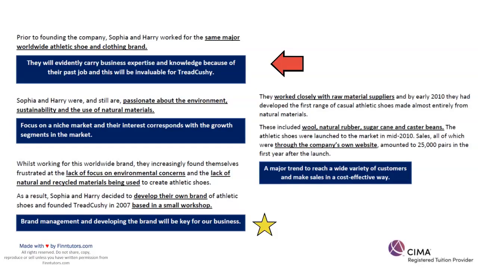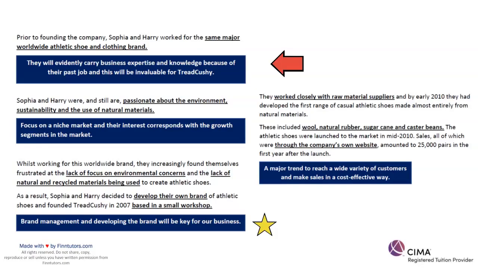So it's important for us to make a note that our major founders or directors are ones that have good business experience. Sophia and Harry were and still are passionate about the environment, sustainability, and the use of natural resources.